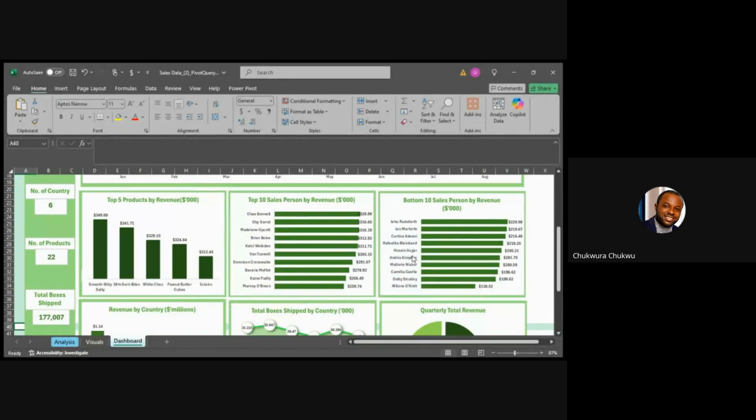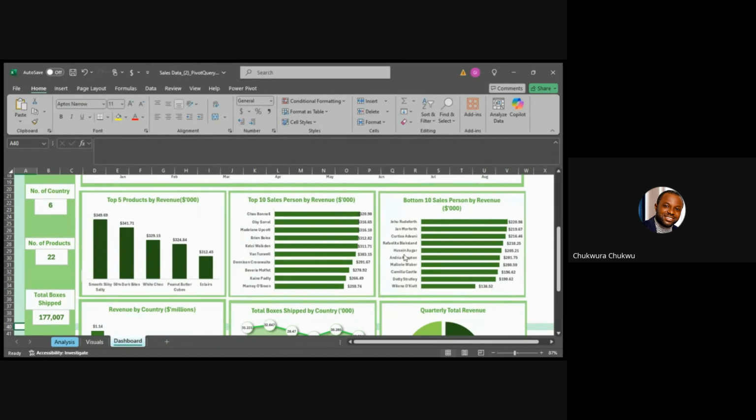I actually went ahead to create the bottom 10 salespersons, for the lowest revenue. The essence of doing that is probably to engage these salespersons, to look at what challenges they have been having in the market, in trying to reach out to customers.